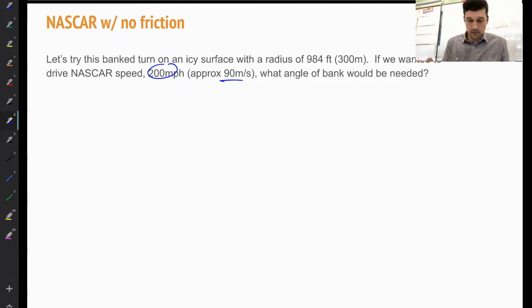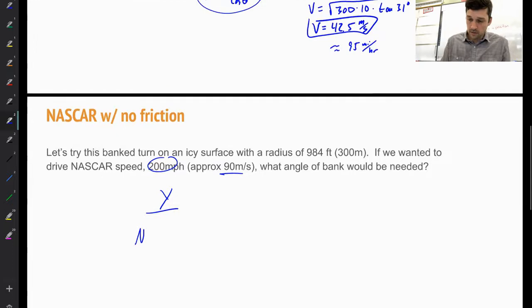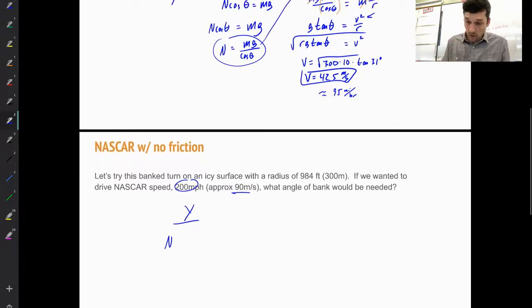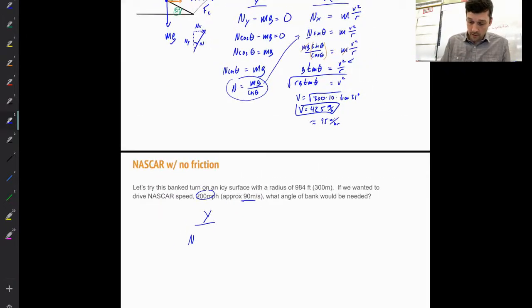Well, it's the same setup, basically. In the y direction, we've got the normal, which I'm just going to basically copy what we had from before. We're just working with different values. N cos theta minus mg equals 0, so normal force equals mg over cos theta.